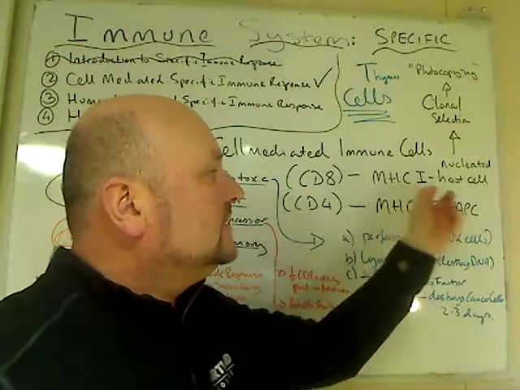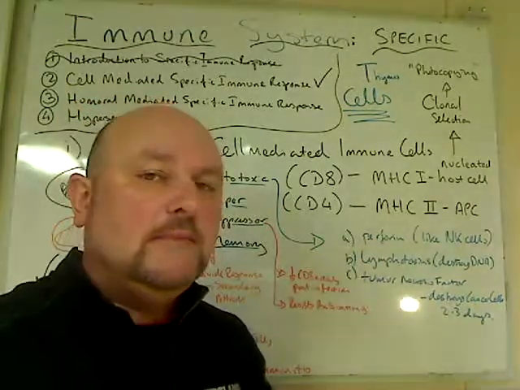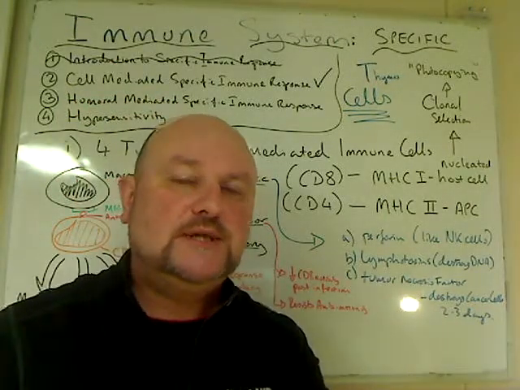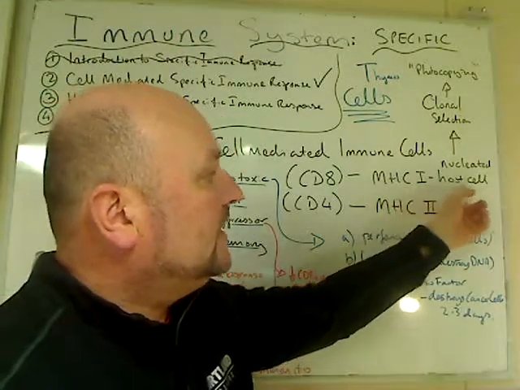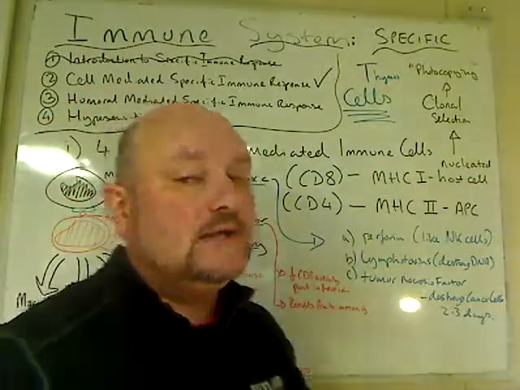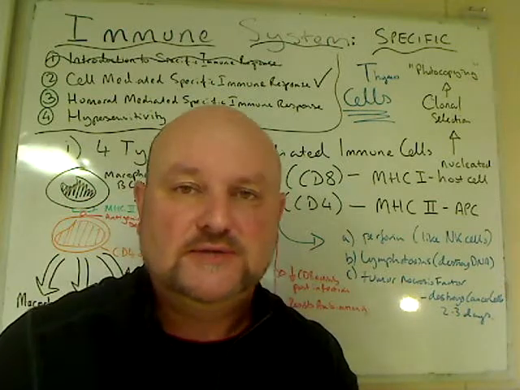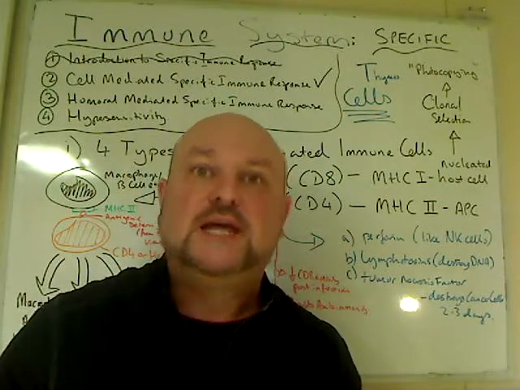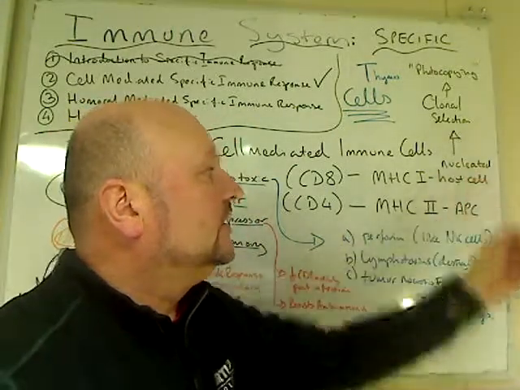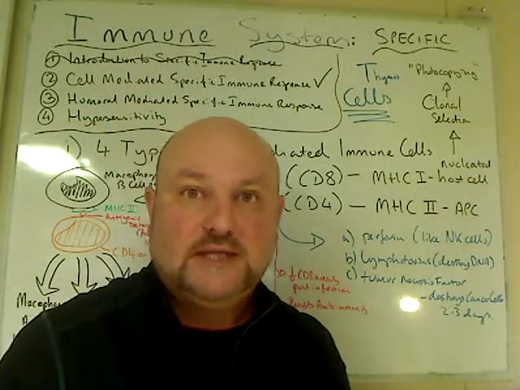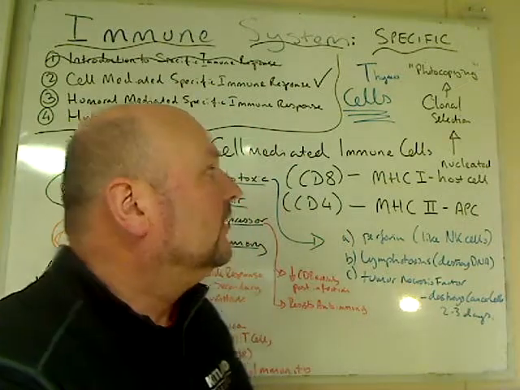It has the ability to latch onto the major histocompatibility complex class 1 proteins, and you'll find them on every host cell that has a nucleus. Pretty much every host cell. I mean, for our intents and purposes, just think of it as all nucleated cells, because that's good enough for our thinking right now.